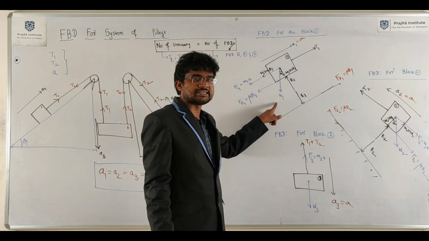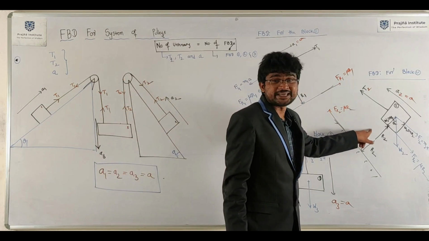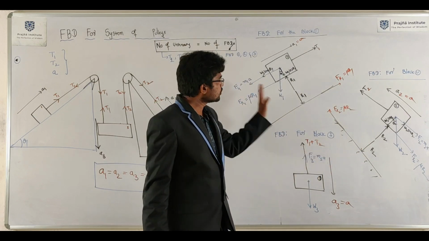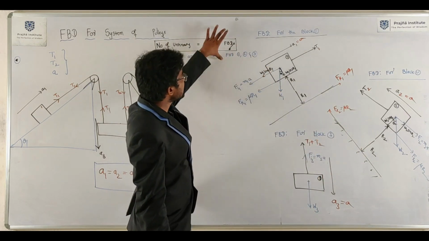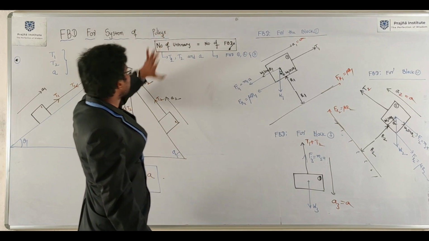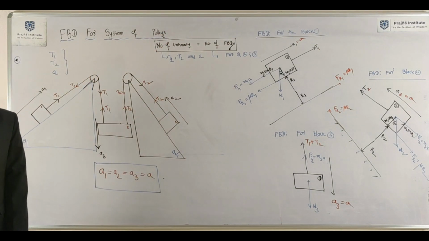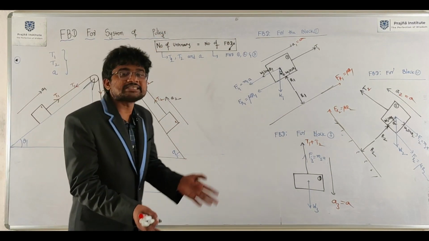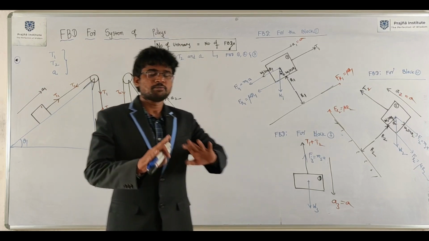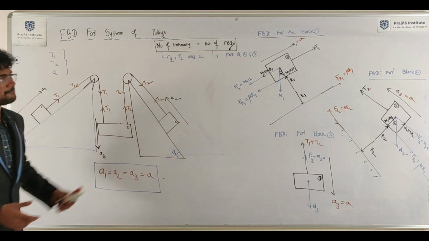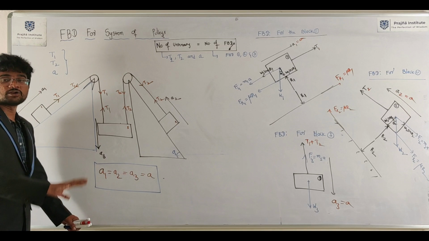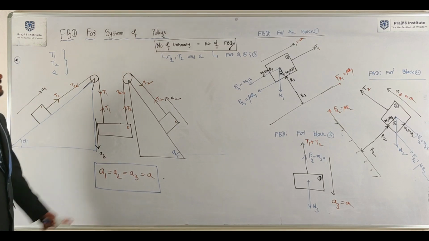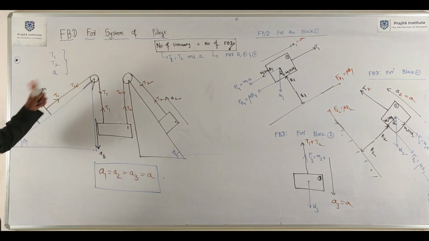One unique equation here, one more unique equation here, same. Total three unique equations, equal to the number of unknowns. So you can happily solve those three equations. Finally, you will get T1, T2, A.